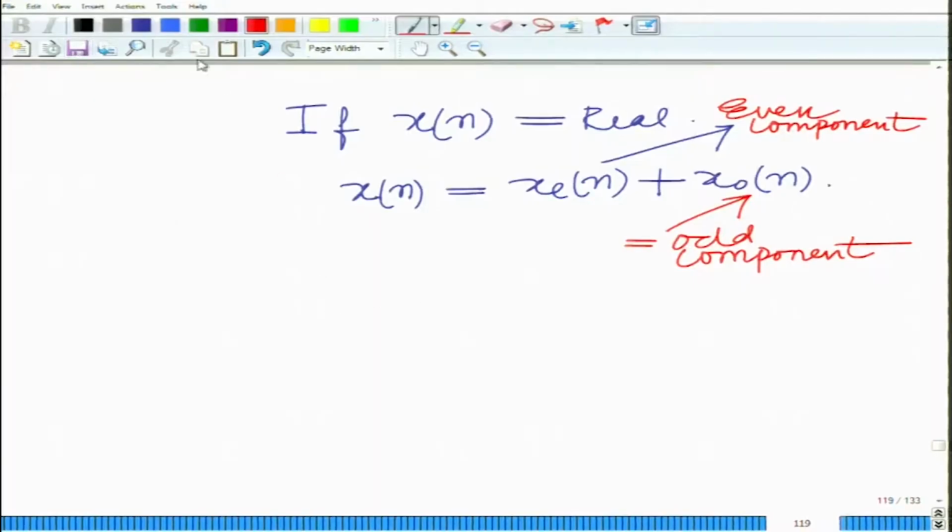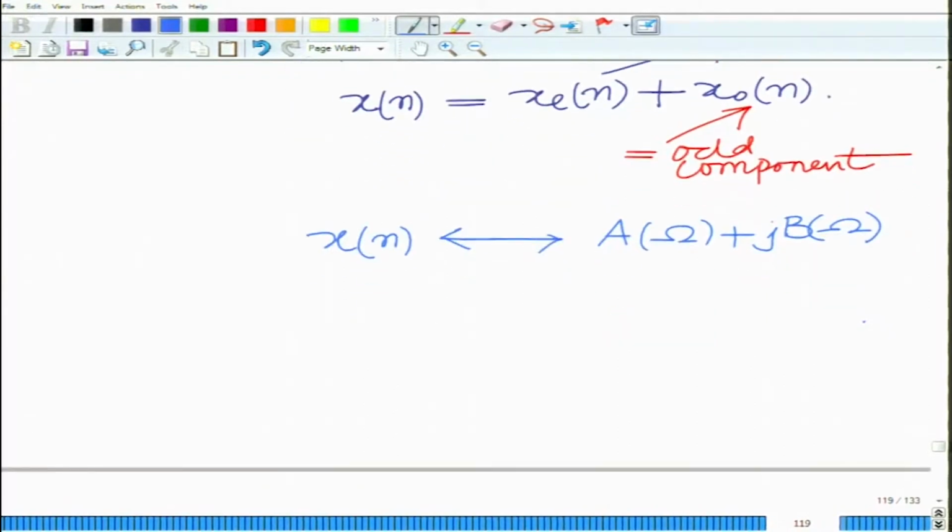And now further, in general the DTFT of x[n] is complex.